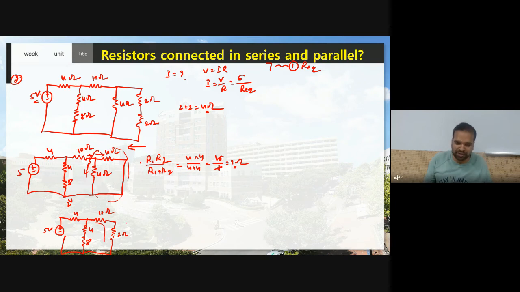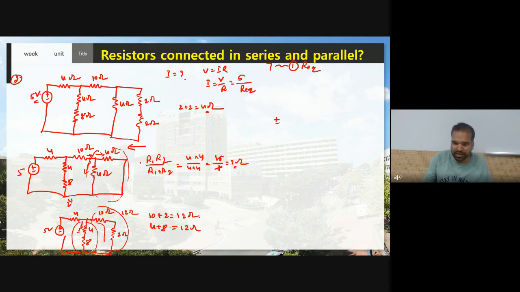So you need to add these two resistors, 10 plus 2, 12 ohm. Now, what about this 4 and 8? The same current is flowing at 4 ohm and 8 ohm. Therefore, you can add 4 plus 8, which is 12 ohm. Now, instead of these two resistors, I can replace a single resistor with the value of 12 ohm, and instead of these two resistors, you can also replace a single resistor with the value of 12 ohm.